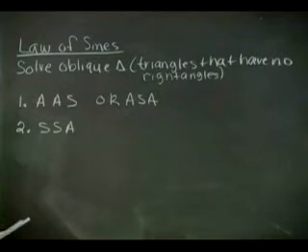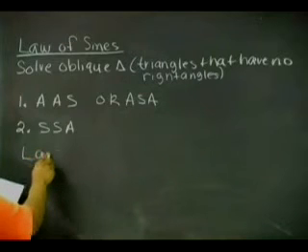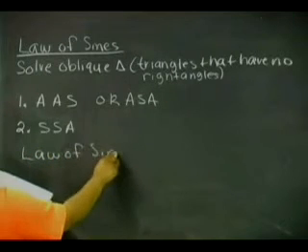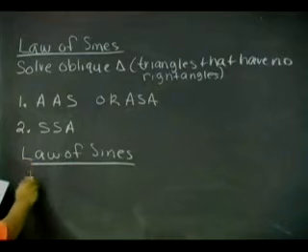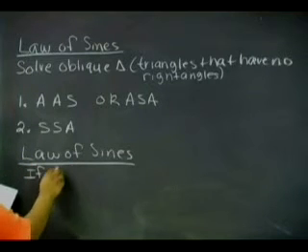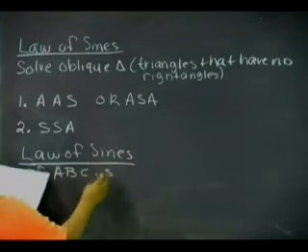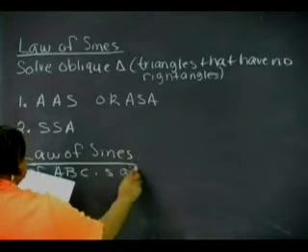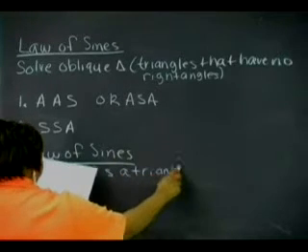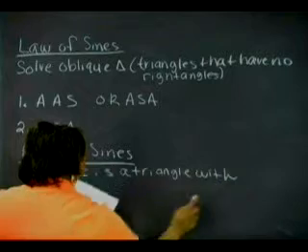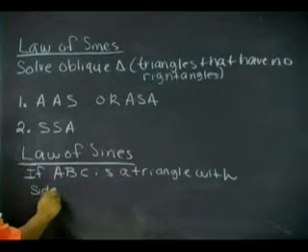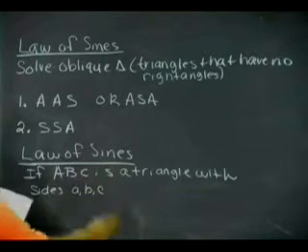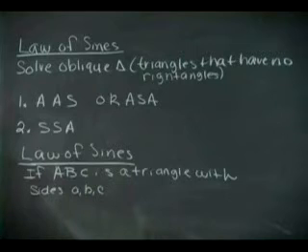Okay? So let's look at what the law of sines is. If ABC is a triangle with sides little a, little b, little c, the angles are represented by capital letters and the lengths of the sides are represented by lowercase letters.